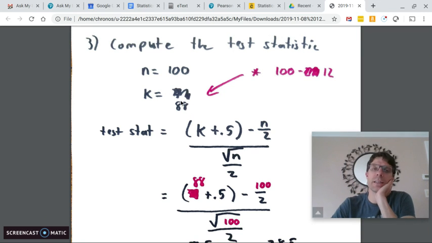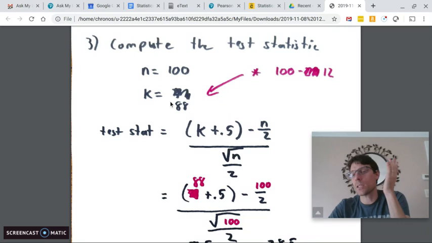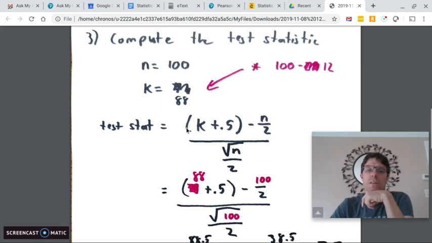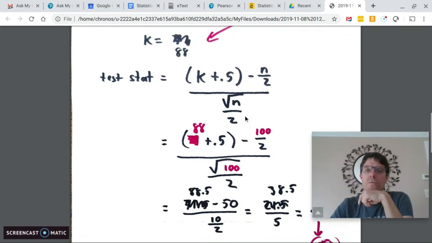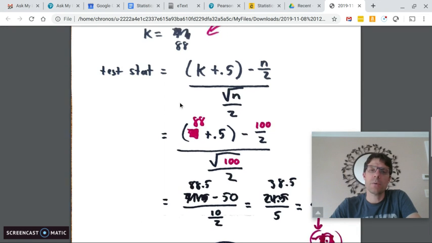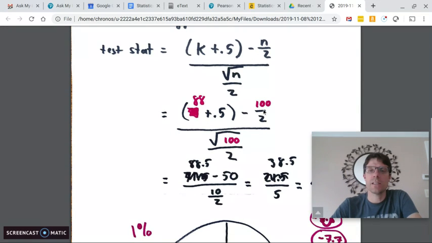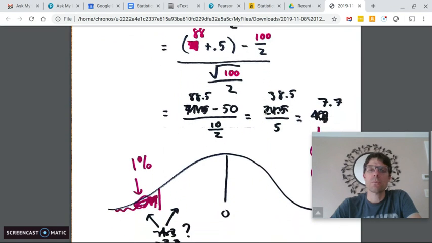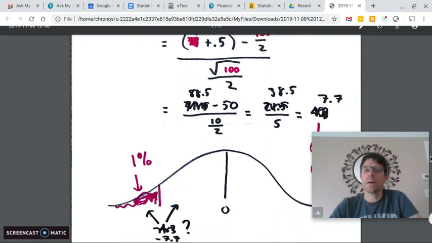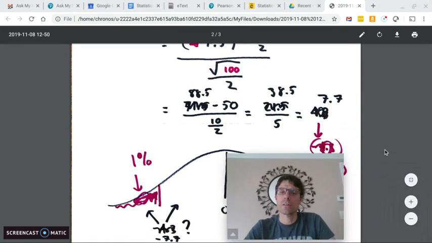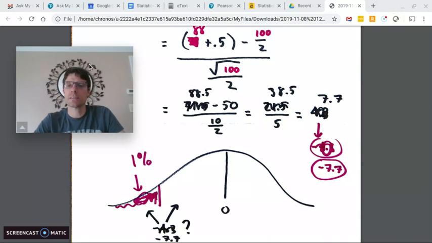And K is how many pluses there are, how many men there are, and here that's 100 minus the 12 women. That's 88. So now I go about substituting into the formula that the book gives me for K and N. I put in 88 for K and 100, and I work this down until I get negative 7.7.